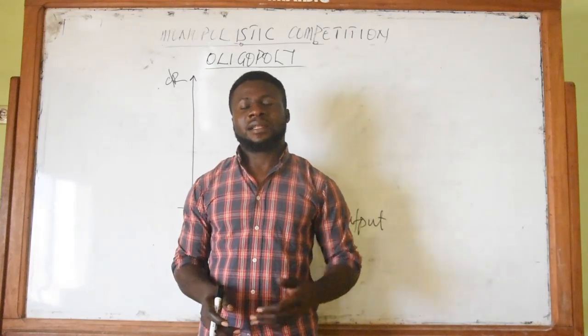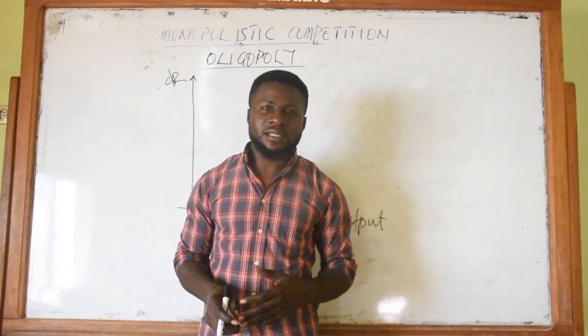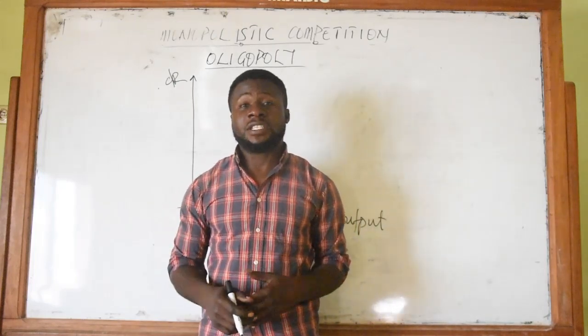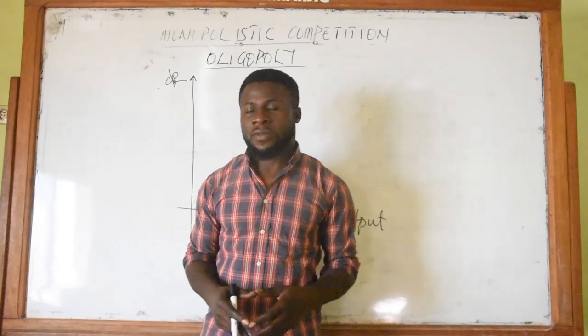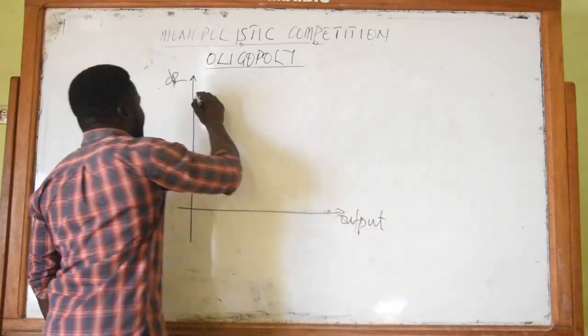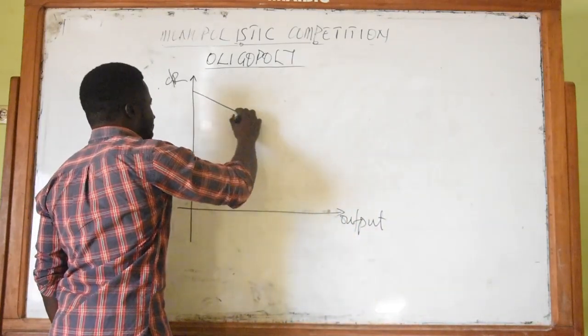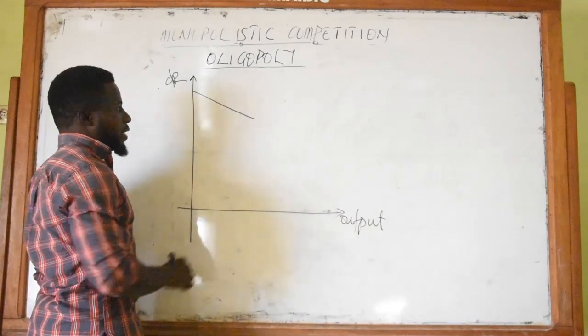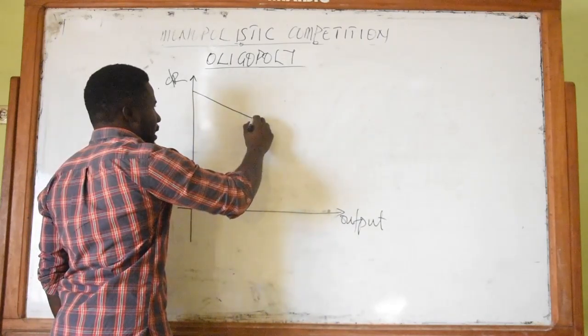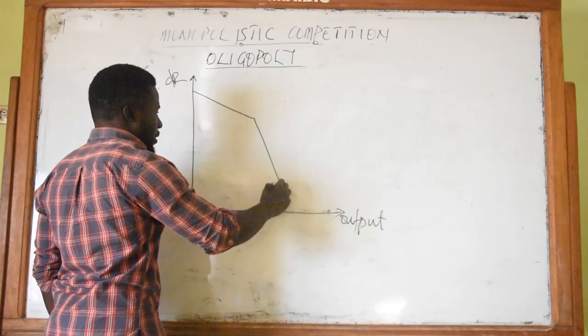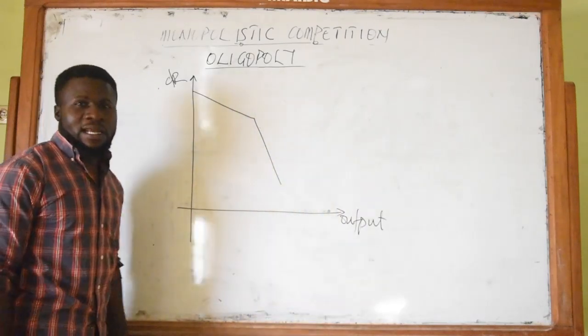That is, at the top it is fairly elastic in demand, and at the bottom it is fairly inelastic in demand. So this is what you do. You have the upper portion having the curve being elastic, and then it switches to an inelastic demand curve.